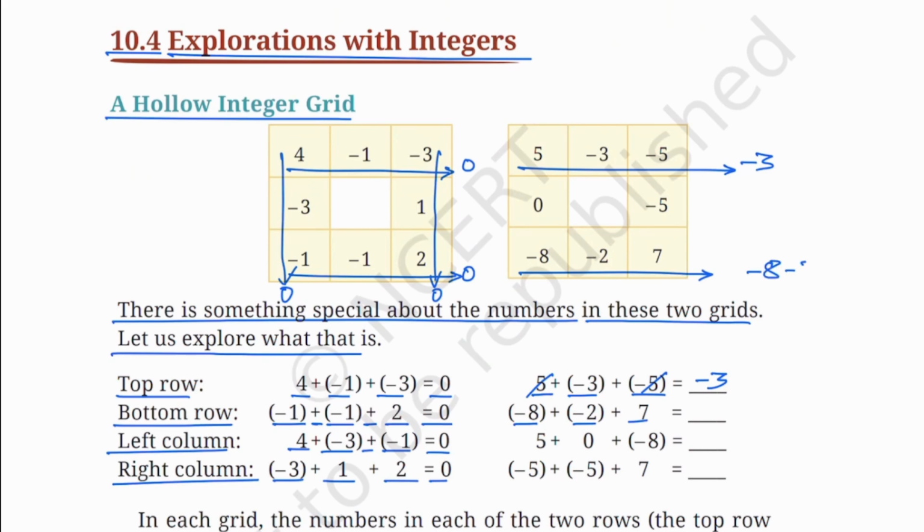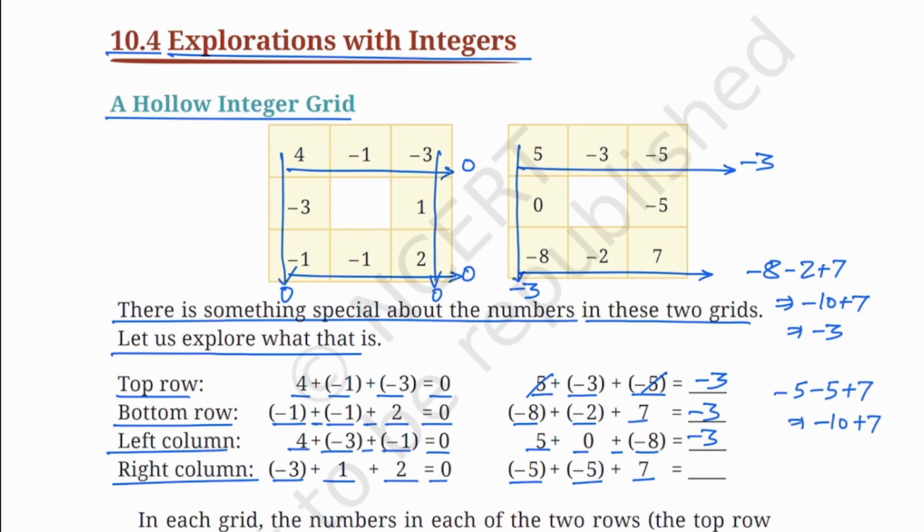Minus 8 minus 2 plus 7 is equal to minus 10 plus 7 is equal to minus 3. 5 plus 0 plus minus 8 is equal to minus 3. Minus 5 plus minus 5 plus 7. Minus 5 plus minus 5 plus 7 is equal to minus 10 plus 7 is equal to minus 3.